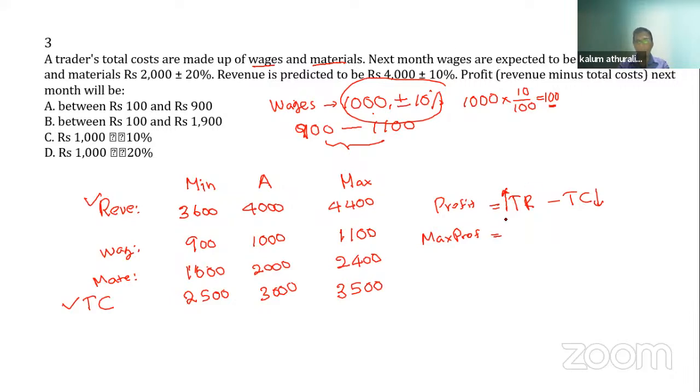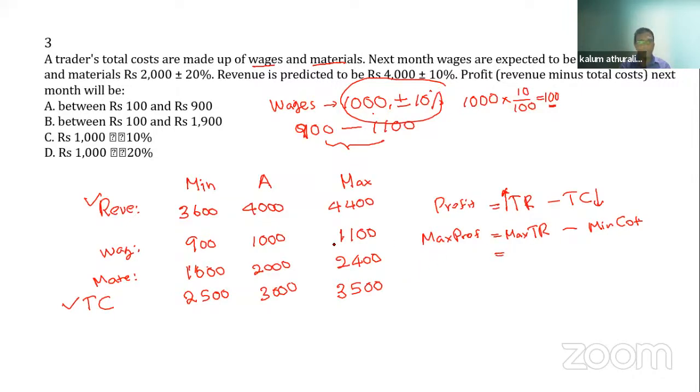Max TR minus min cost, then we can get the maximum profit. Again, increase the revenue as much as possible and reduce the cost as much as possible, then the gap between these two is very large. That means profit is maximum.